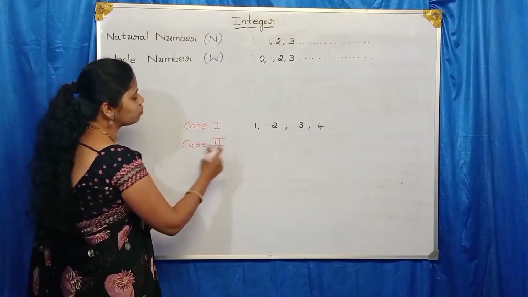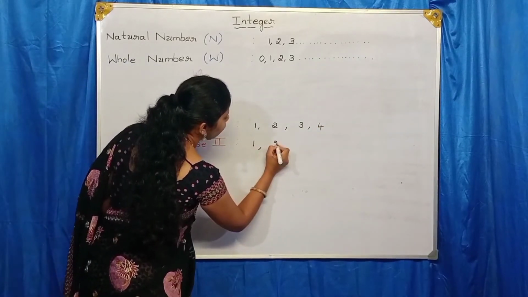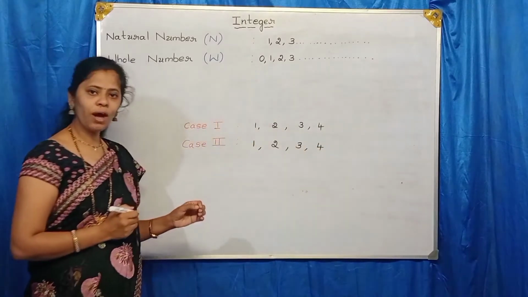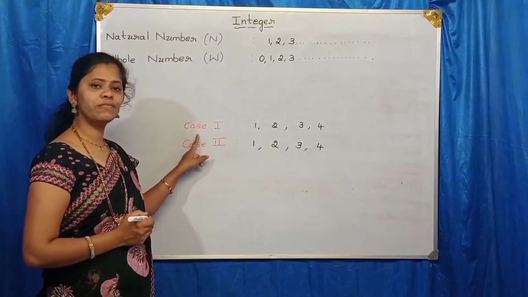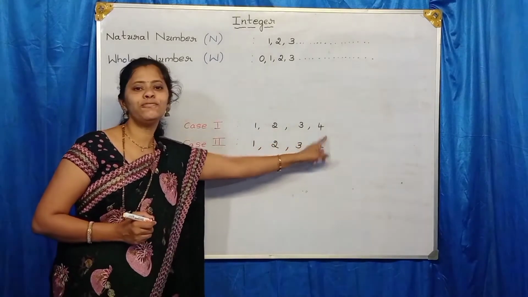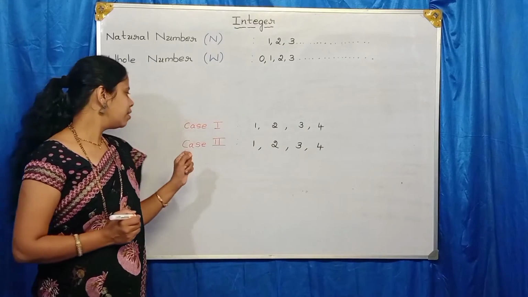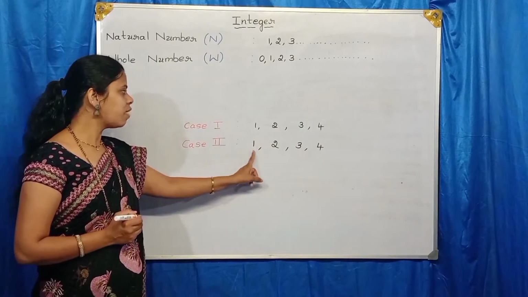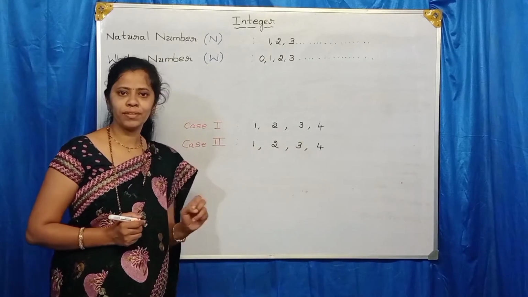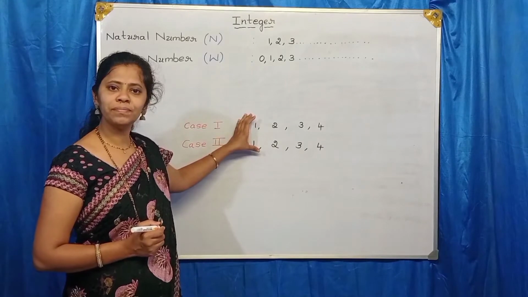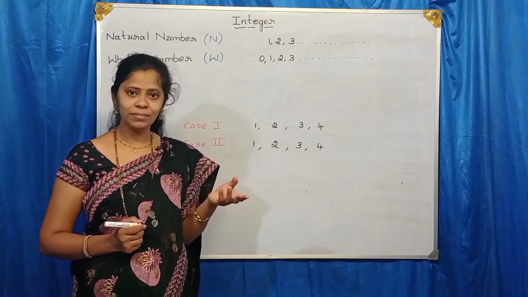And in case 2, I will write 1, 2, 3 and 4. Now, read the numbers in case first. You will read it as 1, 2, 3 and 4. And now read the numbers in case 2. You will read it as 1, 2, 3 and 4. Can you find any difference in these two? There is no difference, right?